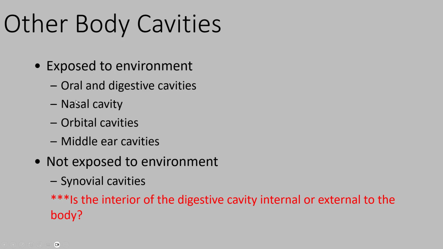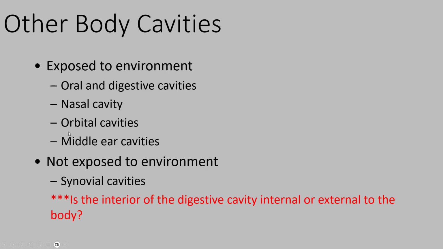Next, the nasal cavity. Inside the nose, where we find our sinuses. The orbital cavities. The depressions in our skull where our eyeballs sit. The middle ear cavities. So if you stick something within your ear deep enough, it goes into the middle ear.